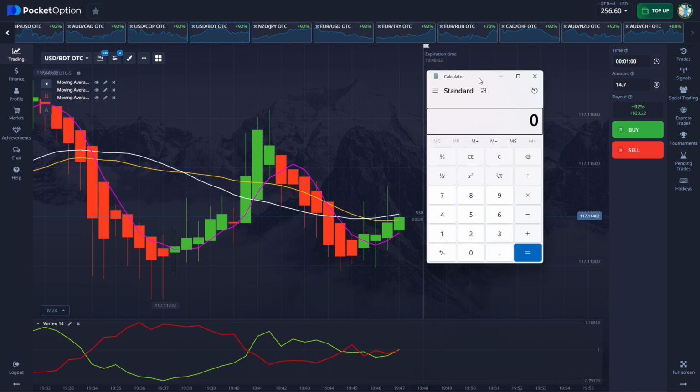All right, got my calculator here. So I'm gonna show you real quick how we can give you this percentage. So we started with, we're at 256.60, and we are going to divide that by 250.